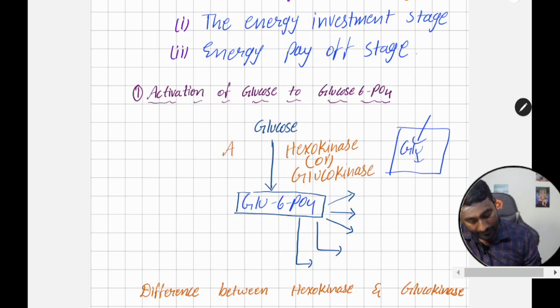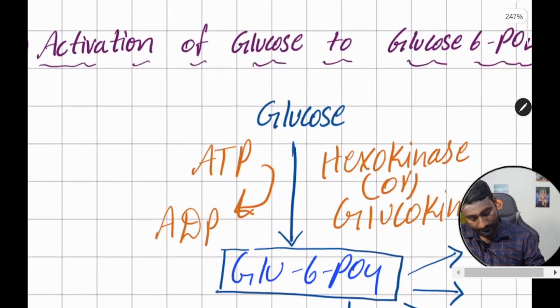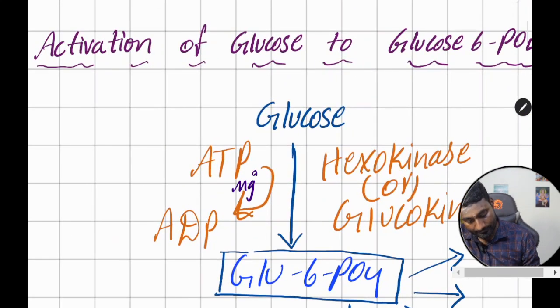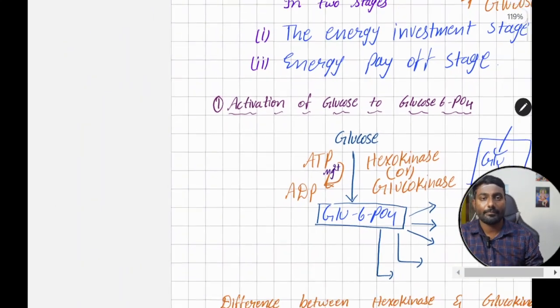Here ATP is getting converted into ADP. What is required? Mg2+ is required. Okay, yes.